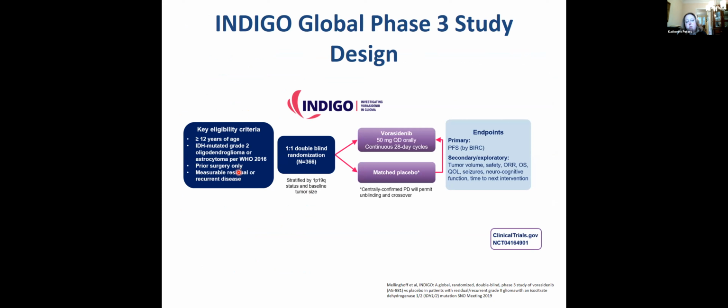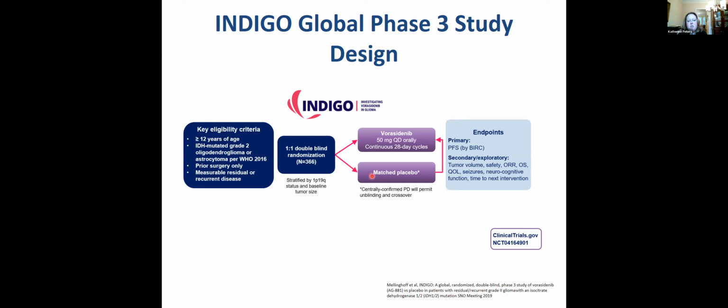And what's different here is we're not looking at patients that have active disease anymore. We're looking at patients that could have only had surgery, but they could be stable or they could have just measurable residual or recurrent disease. So it doesn't have to necessarily be recurrent, it just has to be measurable.